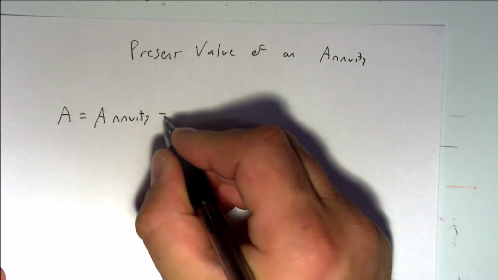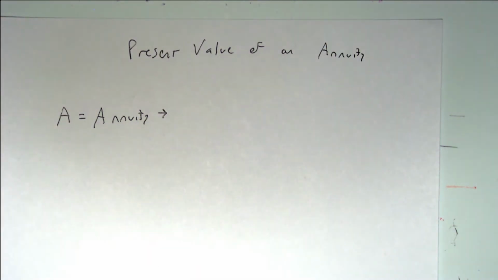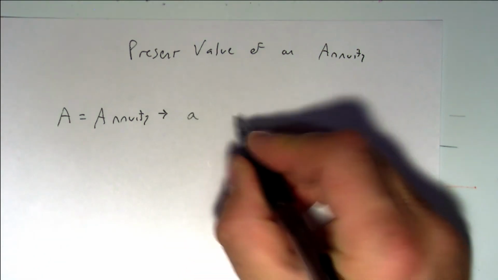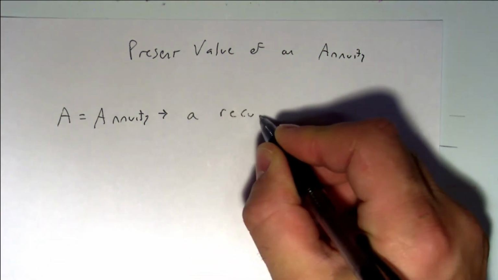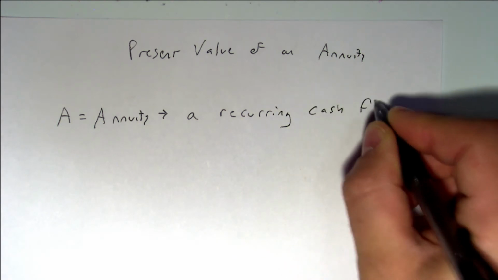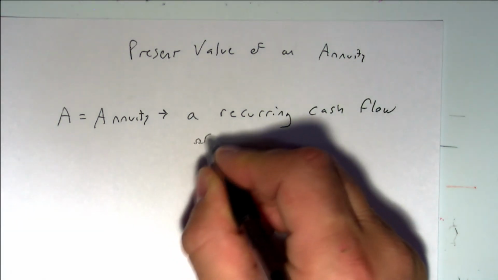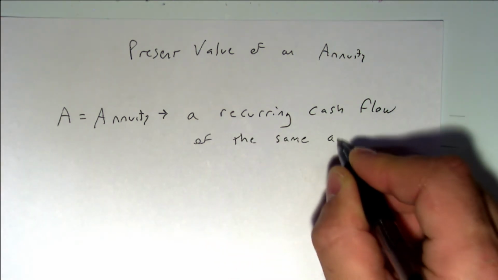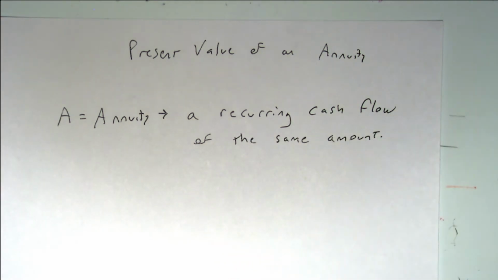And what is an annuity? Well, first of all, it might have a different definition if you've taken an investment course or some other course. But annuity in this topic means a recurring cash flow of the same amount.